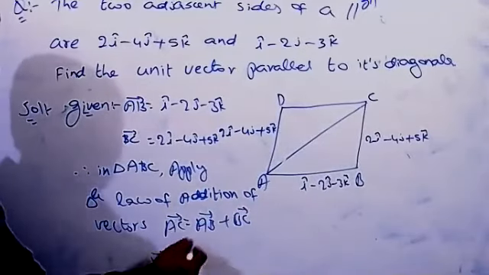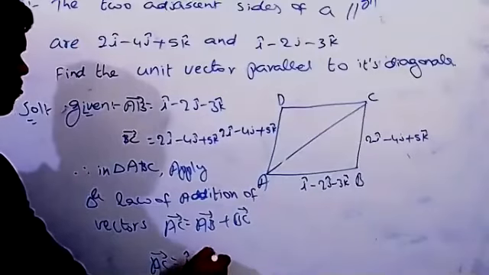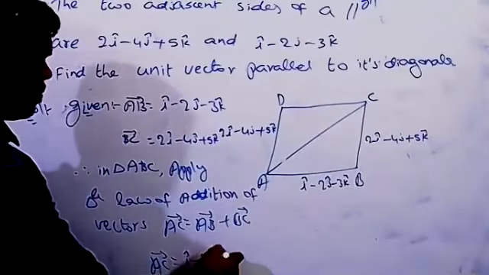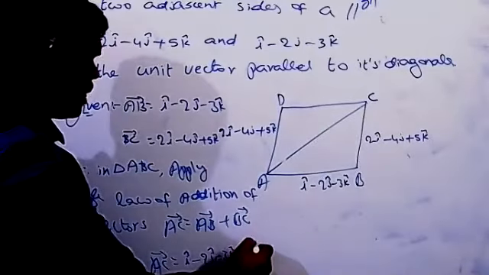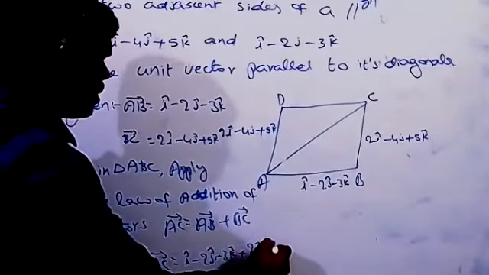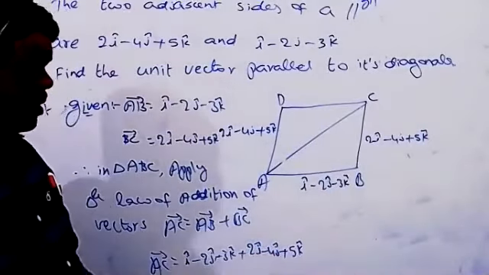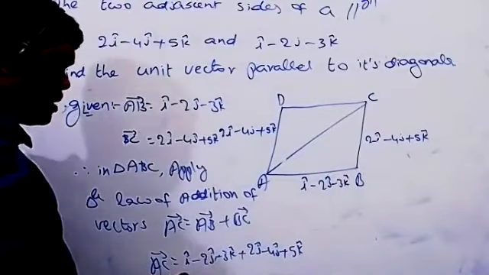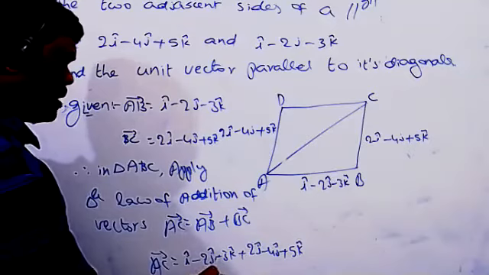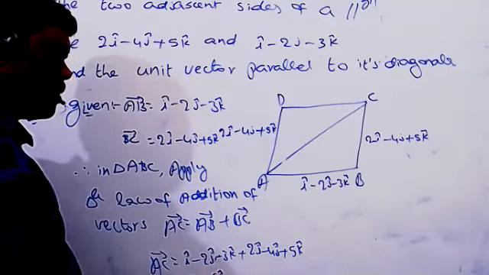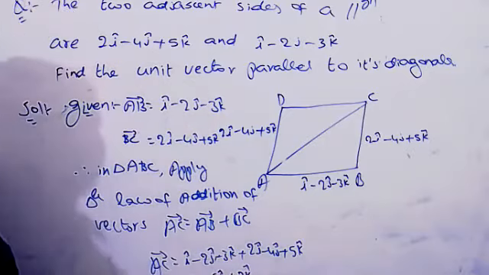AC vector equals, you can add both of them, i minus 2j minus 3k plus 2i minus 4j plus 5k. So clearly you can write 3i minus 6j plus 2k, the direction of AC.